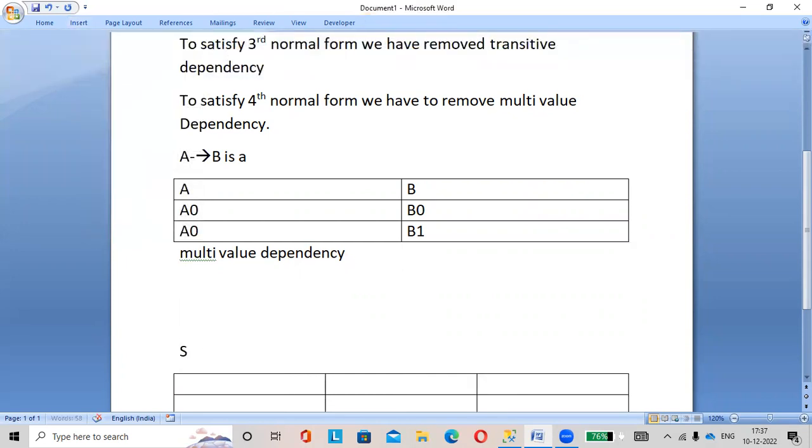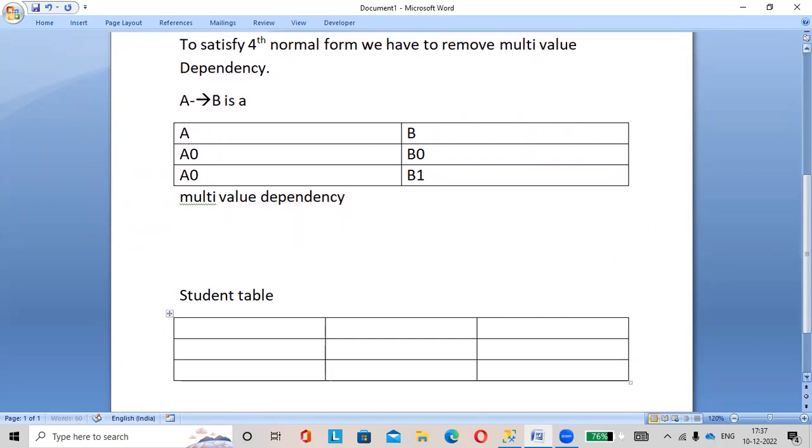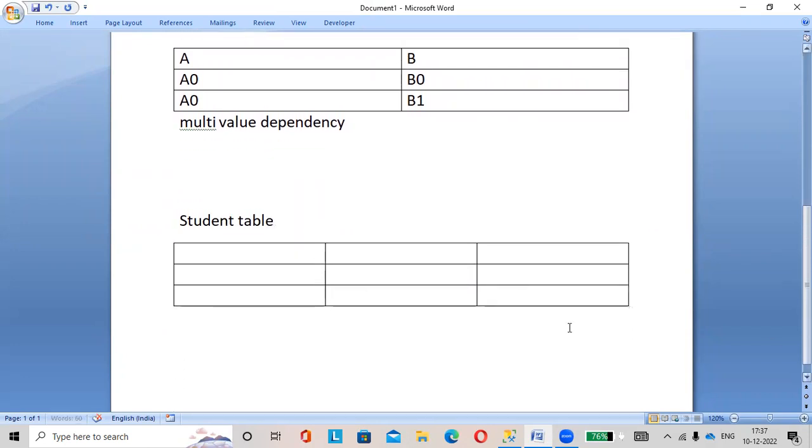So this is a student table. This is student ID, courses, and these are hobbies.